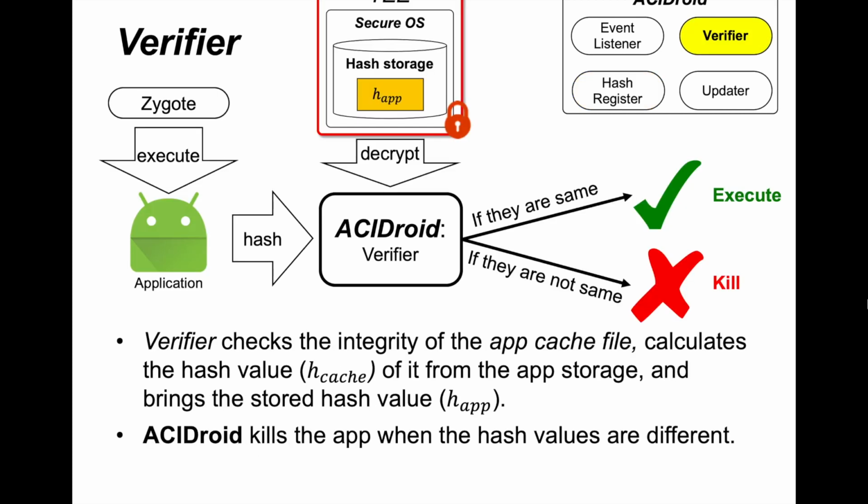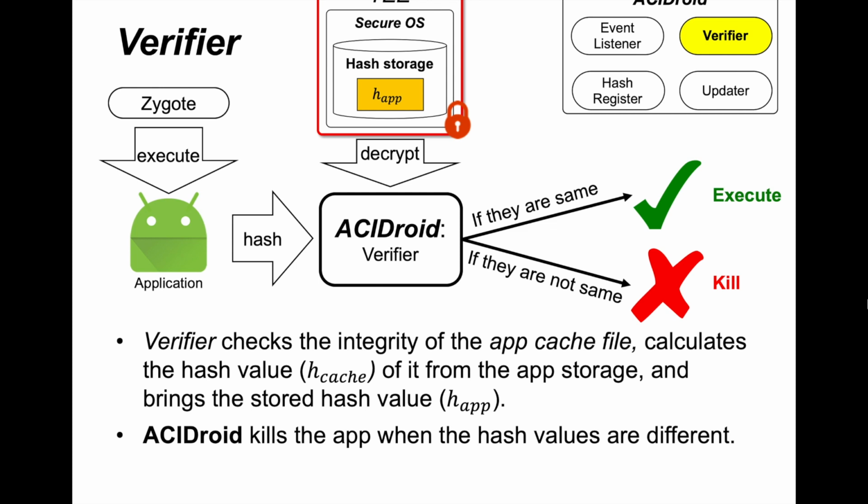The third component is a verifier. When executing an application, the Zygote process approaches the application. The action of the Zygote is handled by the event listener. The verifier checks the integrity of the application file, calculates the hash value of it from the app storage, and brings the stored hash value.